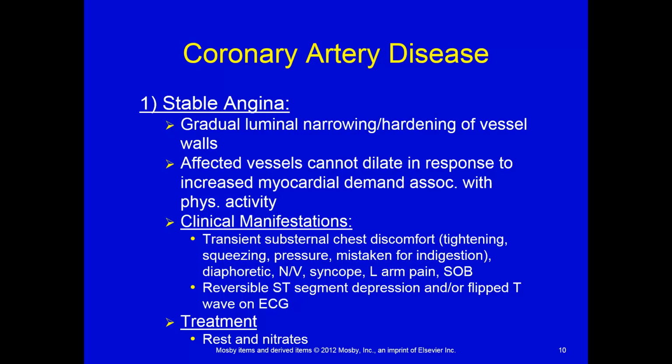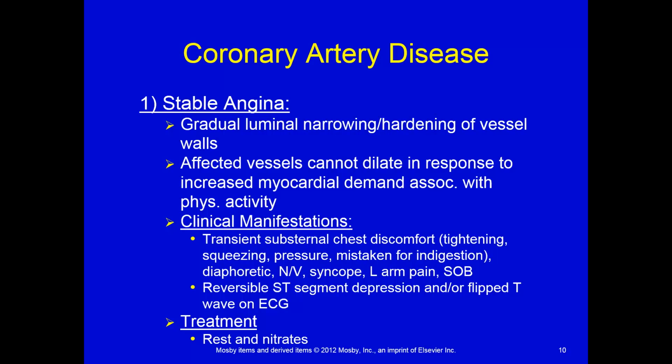So let's talk a little bit about this, right? We have P, Q, R, S, T. The area on the EKG that's called the ST segment is this area between the S and the T. So this area right here on the EKG is considered the ST segment. So with reversible ischemia, if you would hook this guy up to the EKG right then, you see ST segment depression.